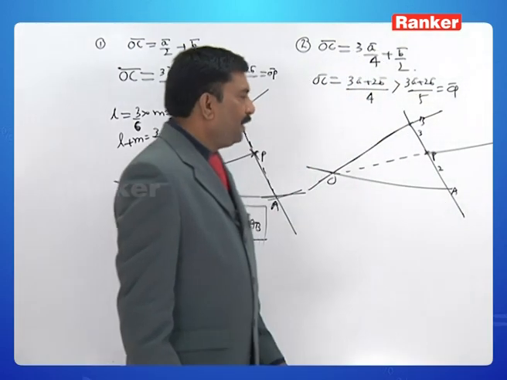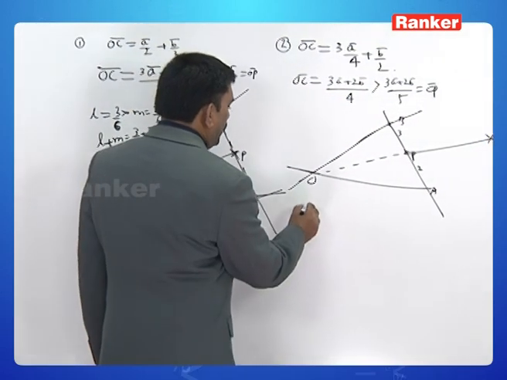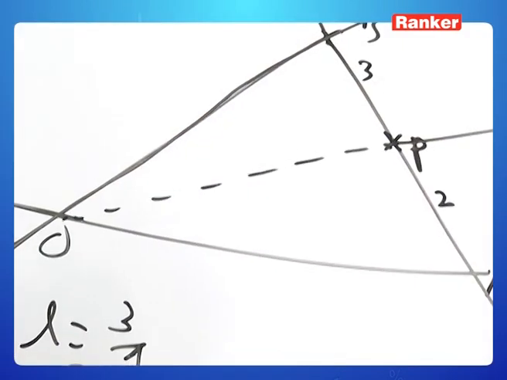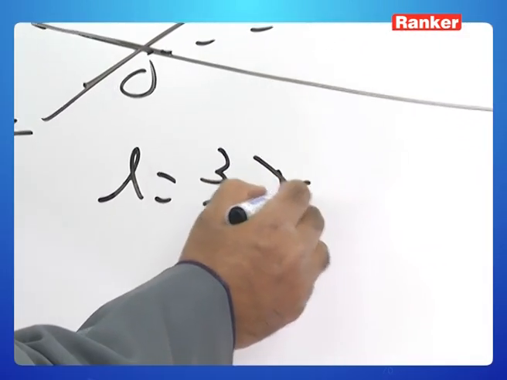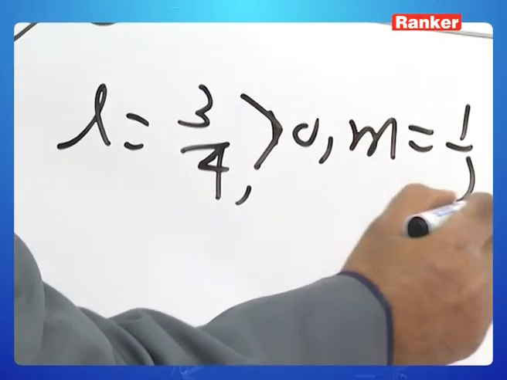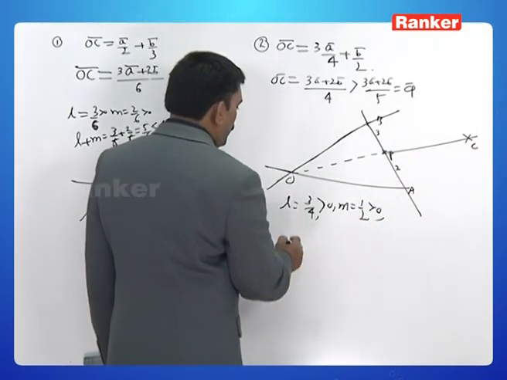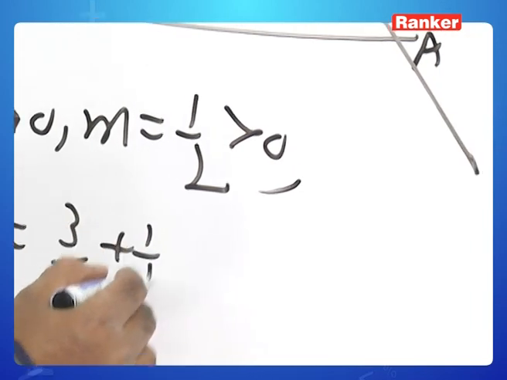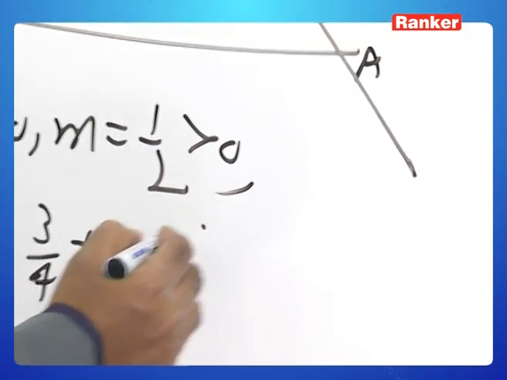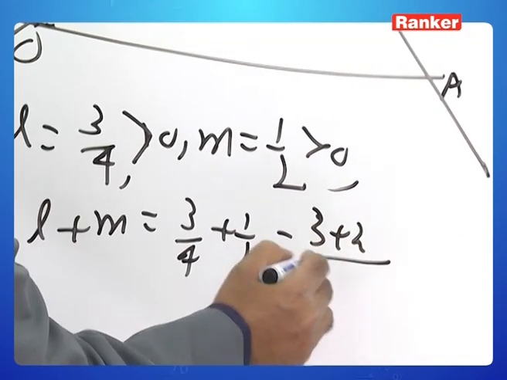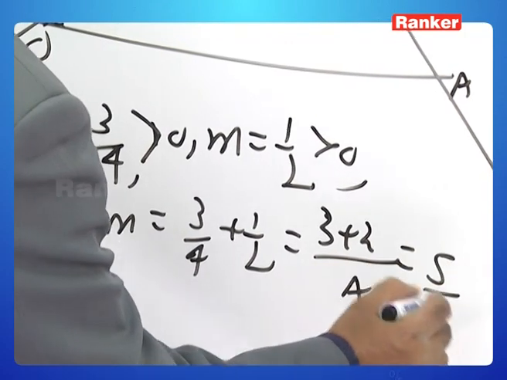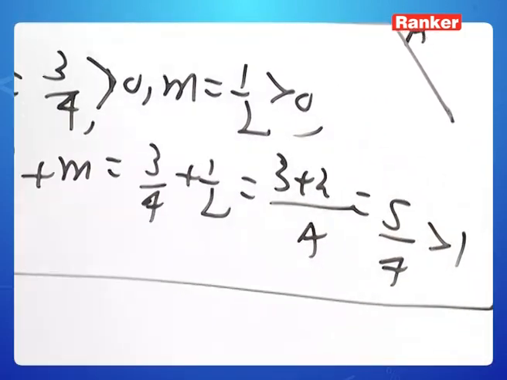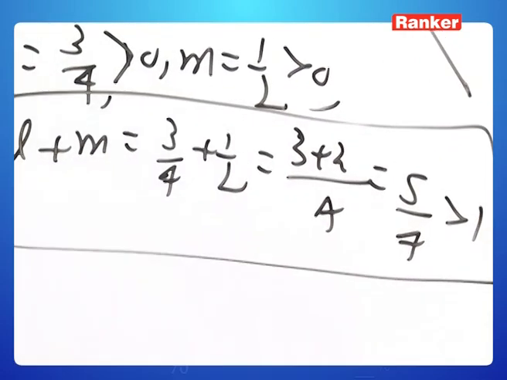So therefore, now you can very well observe L is equal to 3 by 4, and M greater than 0, M is equal to 1 by 2, greater than 0. So therefore, L plus M is equal to 3 by 4 plus 1 by 2. Take the LCM: 3 plus 2 by 4, which is equal to 5 by 4. It's greater than 1. This is case 2.